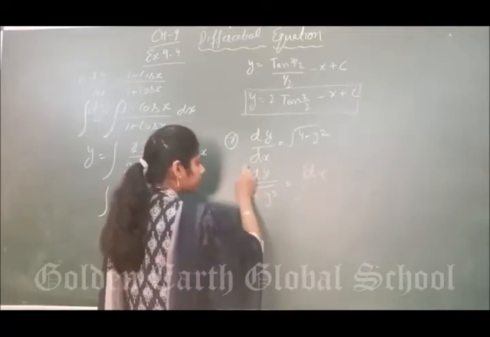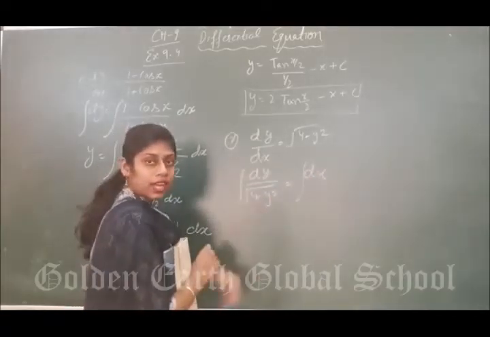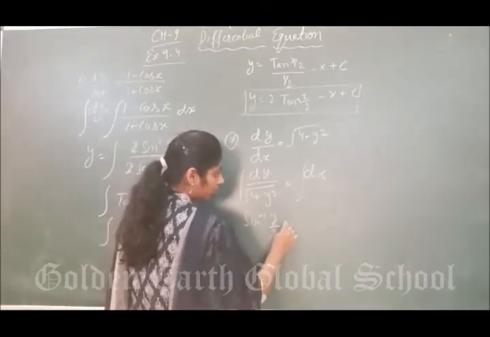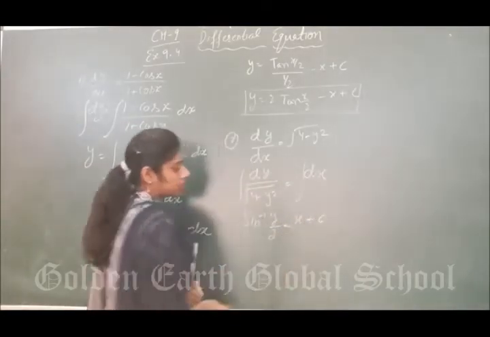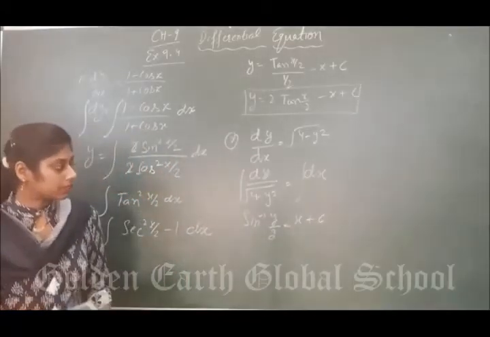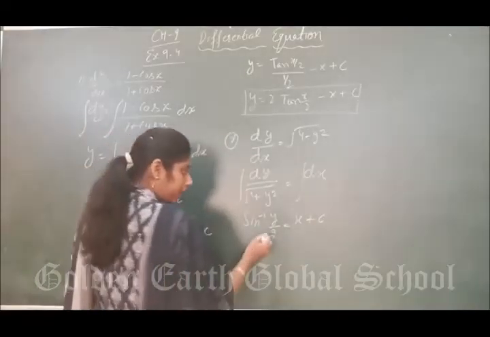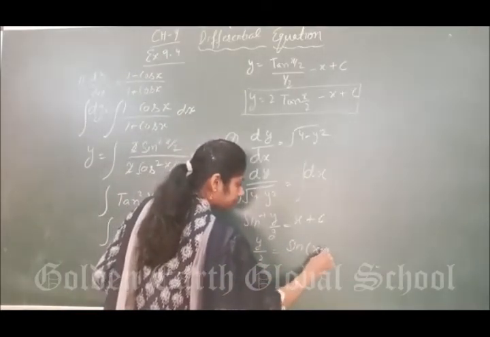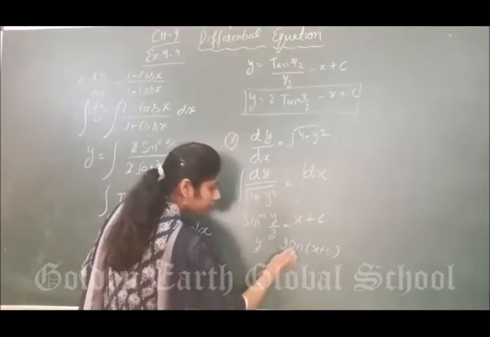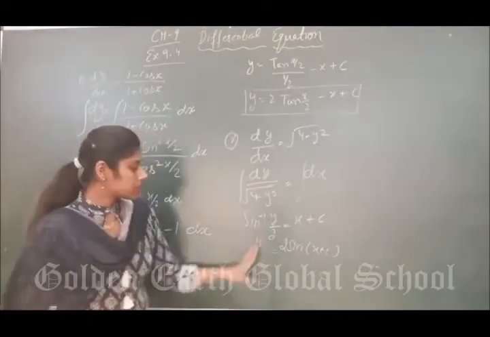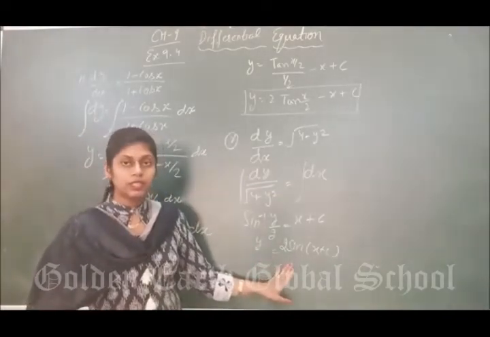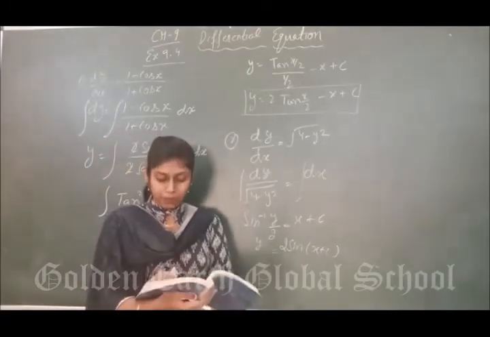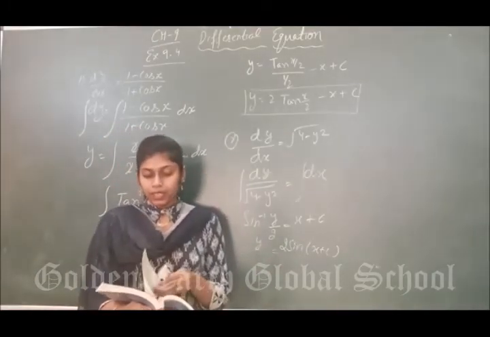Now integrate both sides. Integration of this is sin inverse y by 2, equals x plus c. So this is your equation. You can simplify it: y by 2 equals sin of x plus c, then multiply by 2. Up to which step you solve is your choice, but if it is an MCQ, then you have to solve according to your options. Clear?